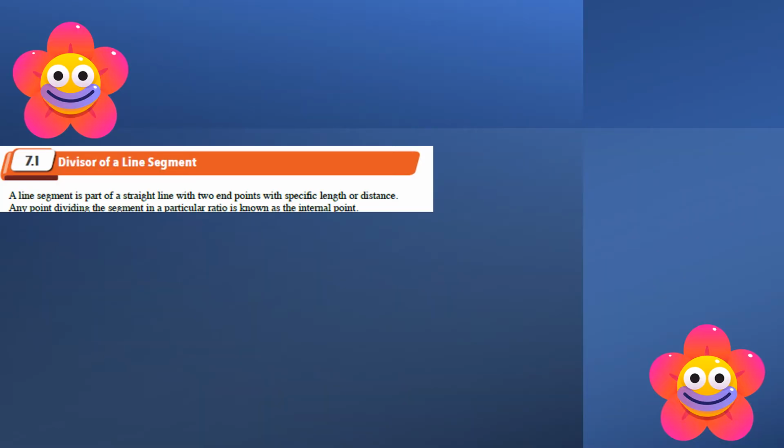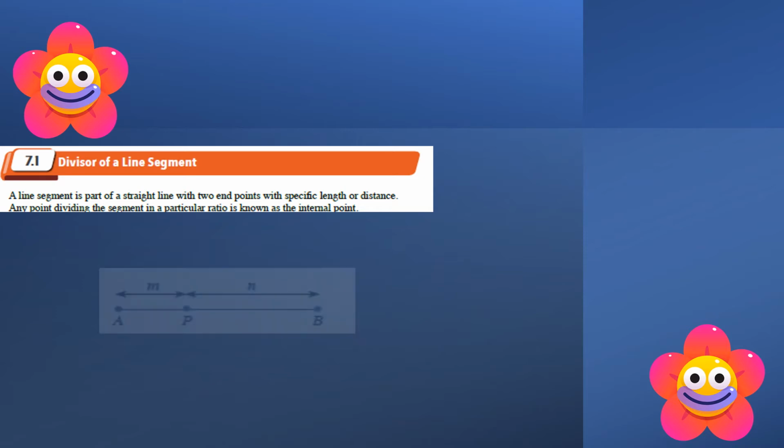Okay, so this is a definition of divisor of a line segment. A line segment is a part of a straight line with two endpoints with specific length of distance. So any point dividing the segment in a particular ratio, this is what we have discussed just now, is known as the internal point.